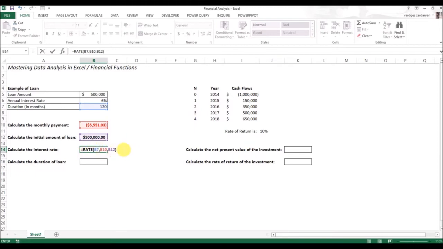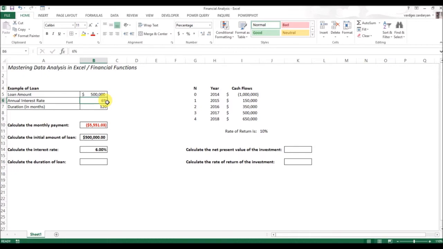By this function, we will get the monthly interest rate. For calculation of the annual interest rate, we have to multiply by 12. We got our 6% as here.